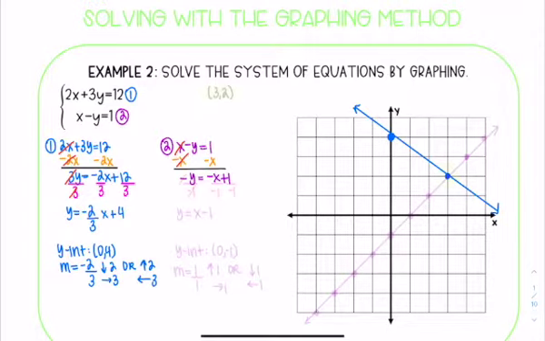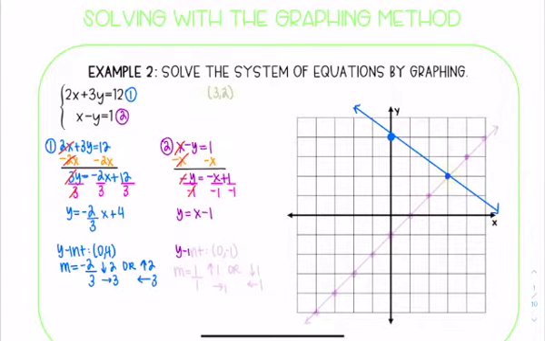And then we can divide by negative 1, and we end up with y equals x minus 1.